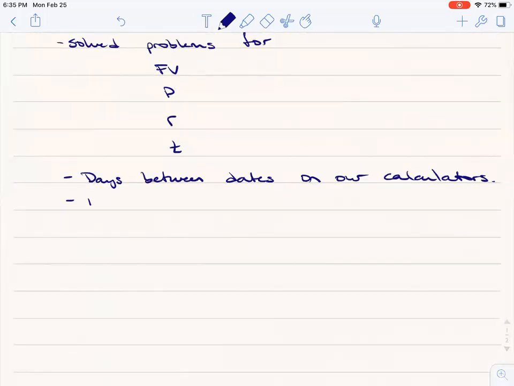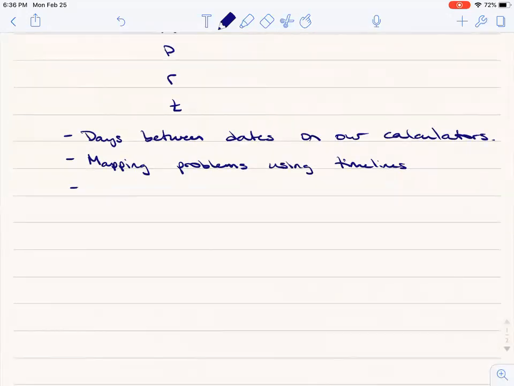So mapping problems using timelines. And then last day where we ended was we talked about, okay, well, what if we have these unknown payment amounts that we have to solve for? So unknown payment amounts.